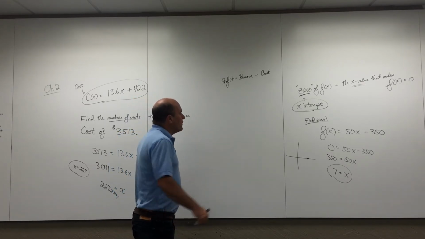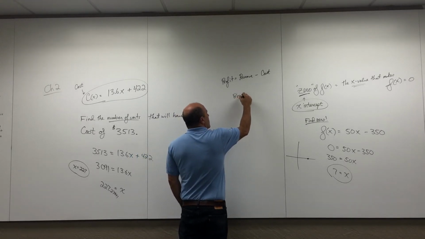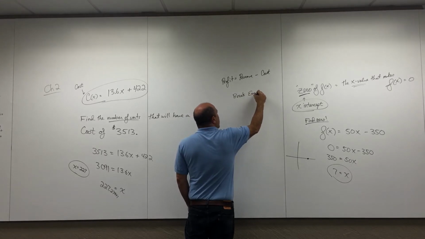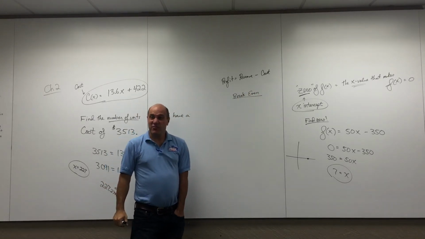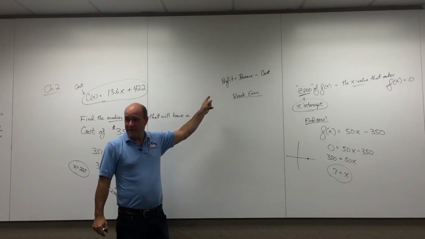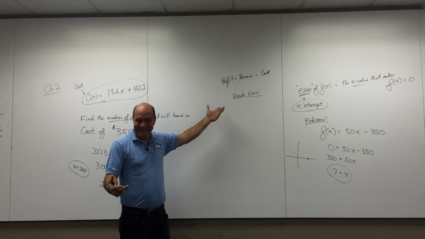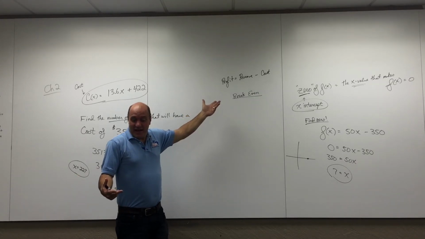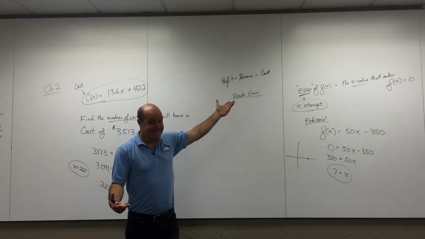But often what we're looking for is when we break even. Can you make any sense out of what that might mean? What does it mean to break even in this scenario? I guess you're breaking even when your profit is as much as your cost?